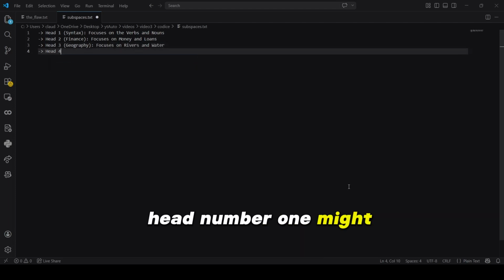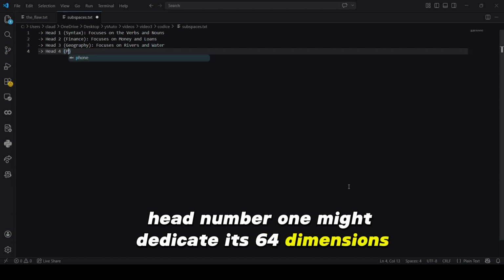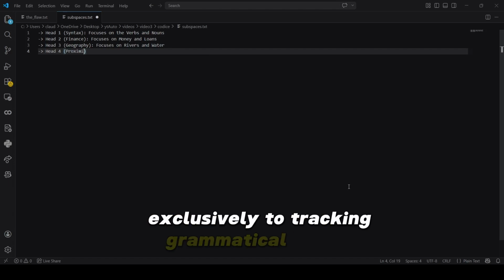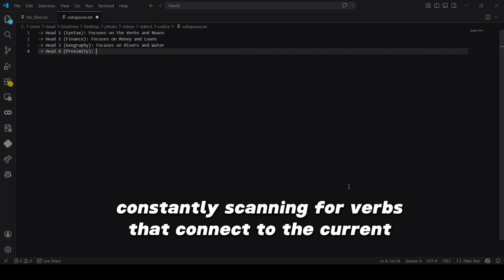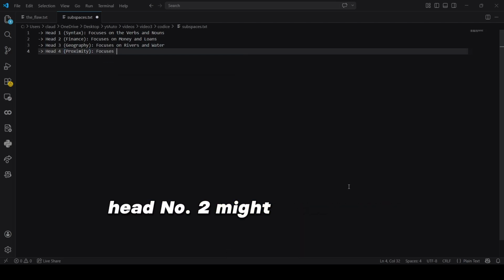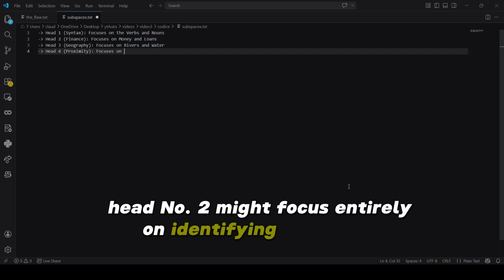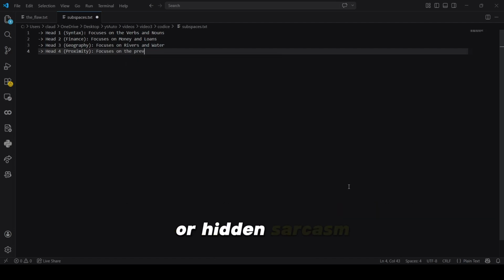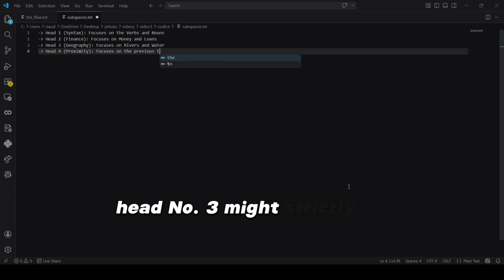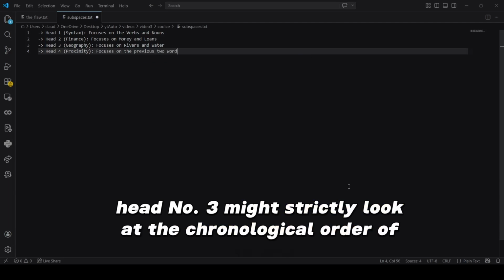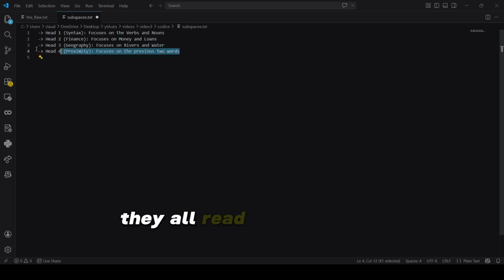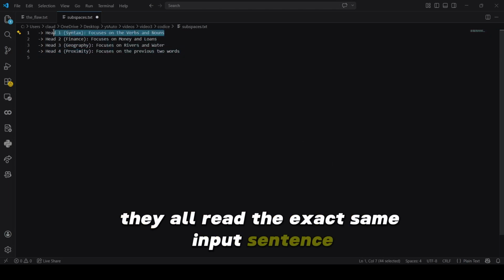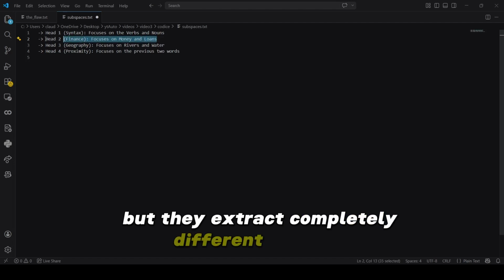Head number 1 might dedicate its 64 dimensions exclusively to tracking grammatical syntax, constantly scanning for verbs that connect to the current subject. Head number 2 might focus entirely on identifying emotional sentiment or hidden sarcasm. Head number 3 might strictly look at the chronological order of events, ensuring the logic flows forward in time. They all read the exact same input sentence, but they extract completely different features.